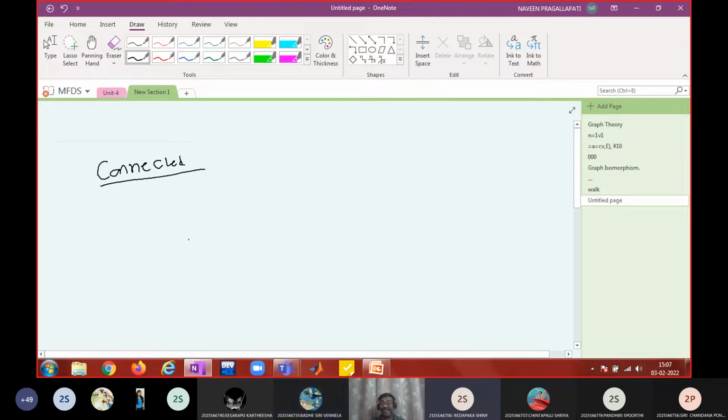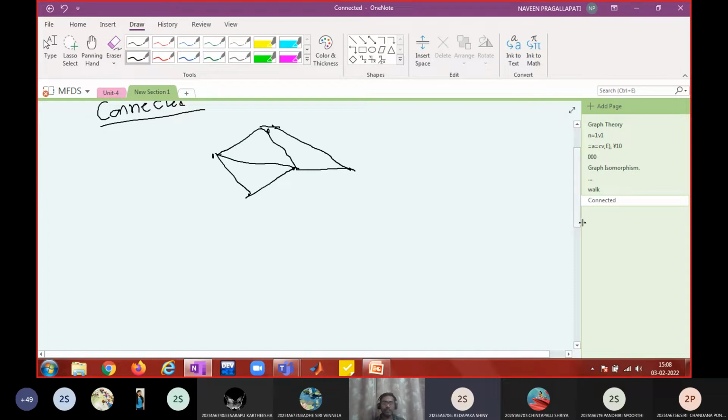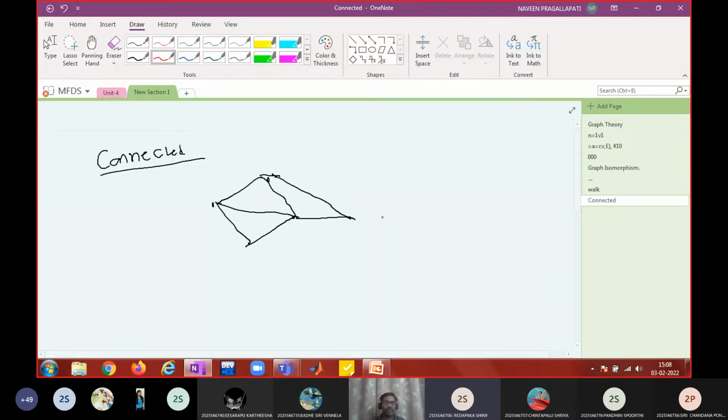Connected vertices I am asking about, I'm not asking about a connected graph.